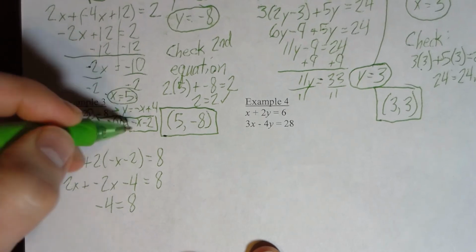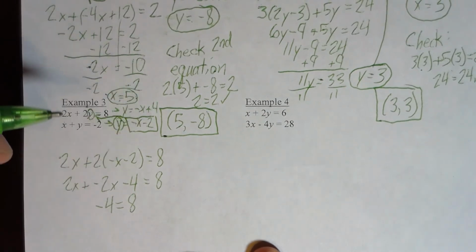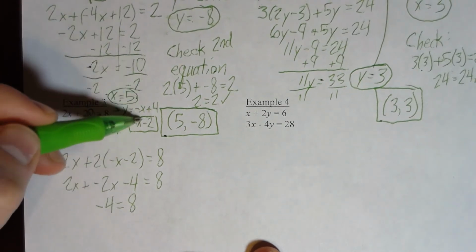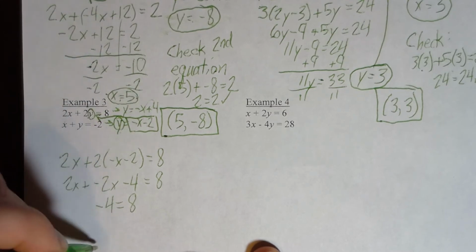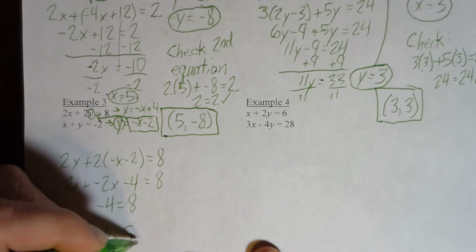Okay, yes. So these are parallel lines because they have the same slope but different y-intercepts, which means there is no solution.